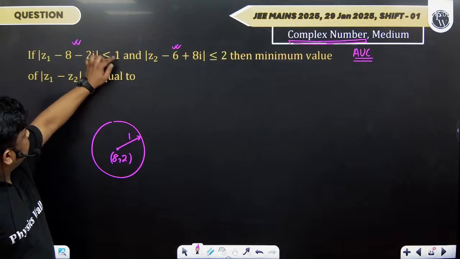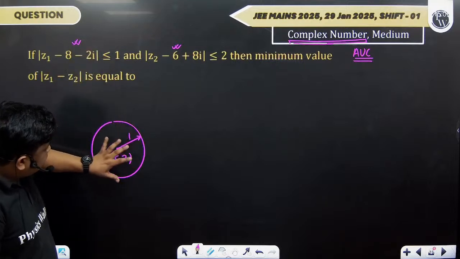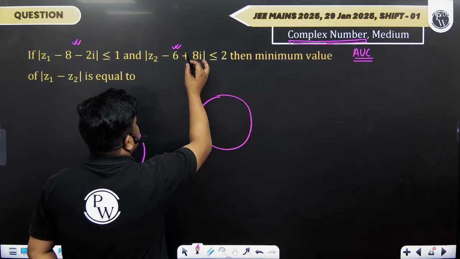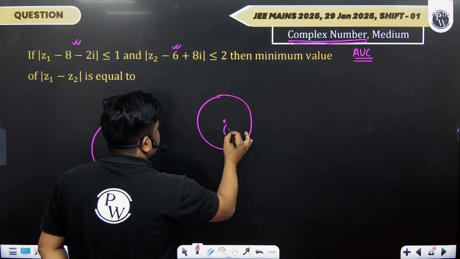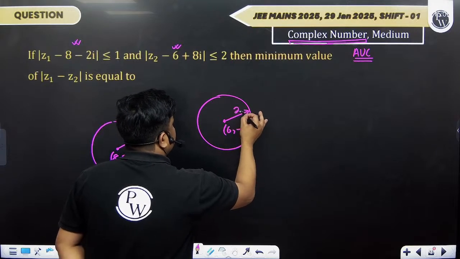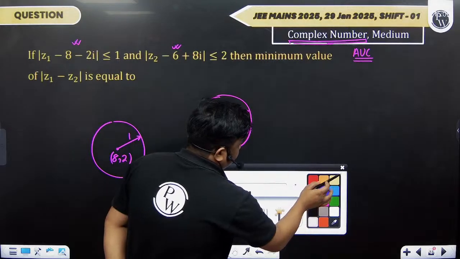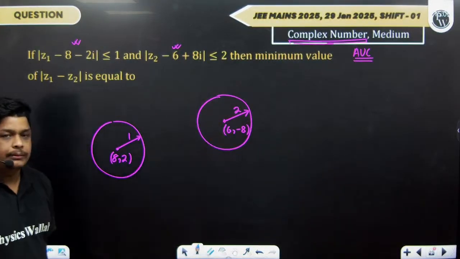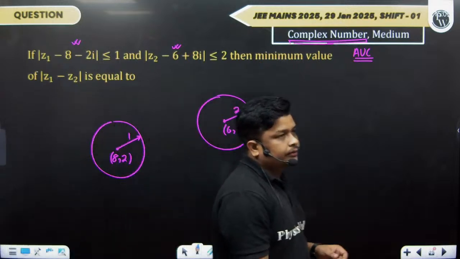And this locus, less than or equal to, means every point inside the circle is also acceptable. Now another, this is also a circle whose center is 6 comma minus 8 and radius is 2. So this also, everything inside the circle is also acceptable, not only the circumference of the circle.